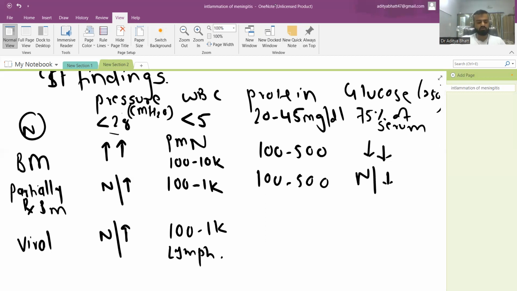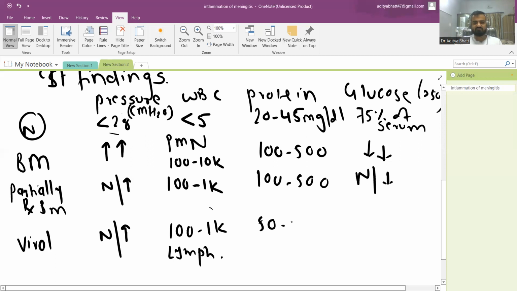Mostly it is between 100 to 1000. In early stages, the first to second day, there might be neutrophils, but later on lymphocytes predominate. The protein is between 50 to 200, comparatively lower than bacterial meningitis, and glucose is normal, but it is decreased in mumps.